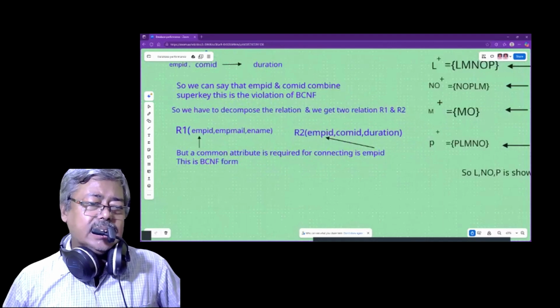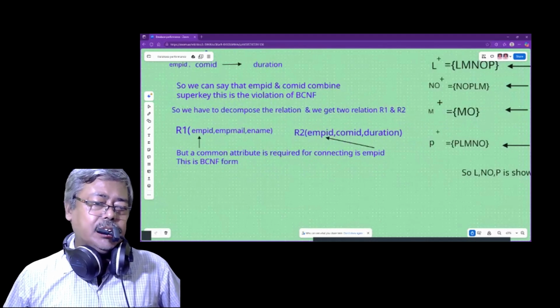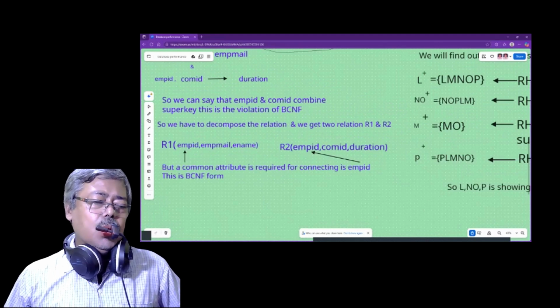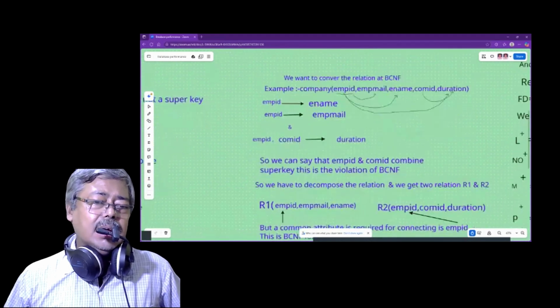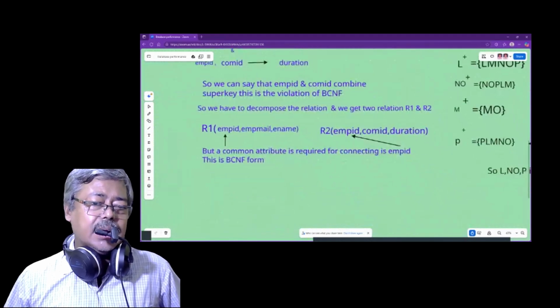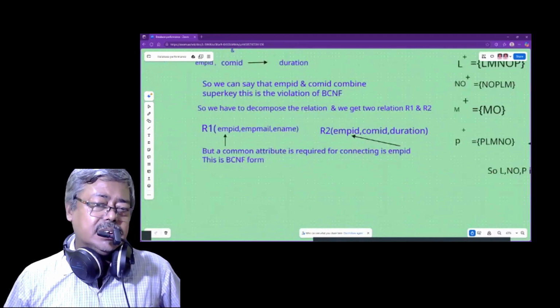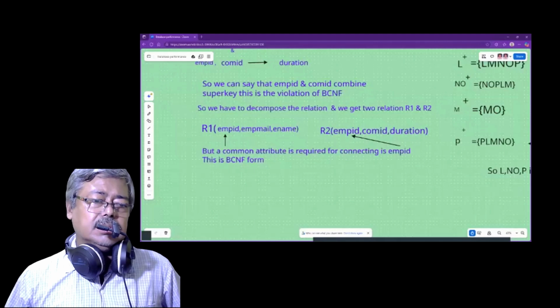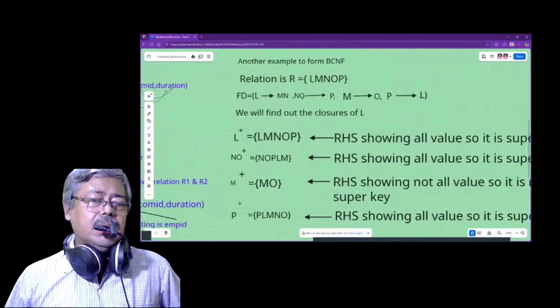Two relations are formed, and both are at the last point of BCNF. After decomposing the main relation, we have gained two relations, R1 and R2, and this removes the anomalies which were the main problem of this BCNF form. And now we come to the next example, that is R equal to LMNOP.